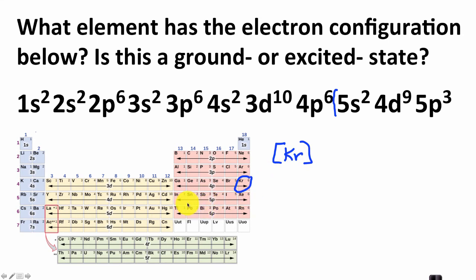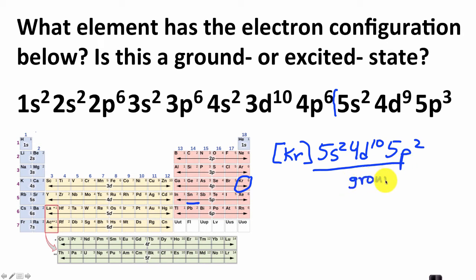And then if we were doing the electron arrangement for tin, we would expect next to be 5s2, 4d10, 5p2. And we look at this expected ground state electron configuration.